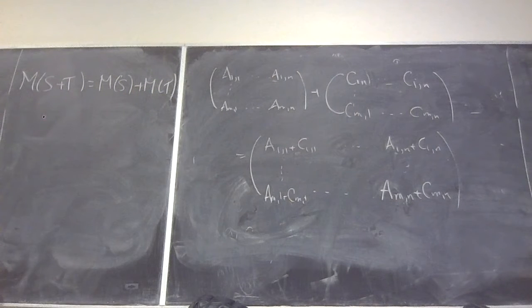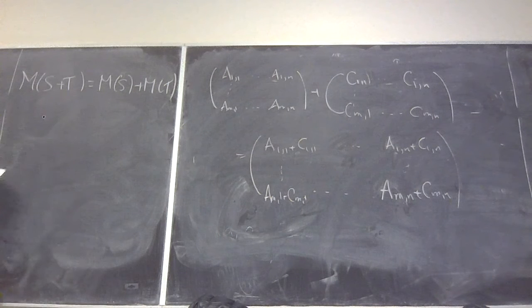So we defined what it means to add matrices. What does that statement say? What is M of S plus T? What's this fancy script M that I'm writing in the front of things? I just told you, I meant the matrix of, right?